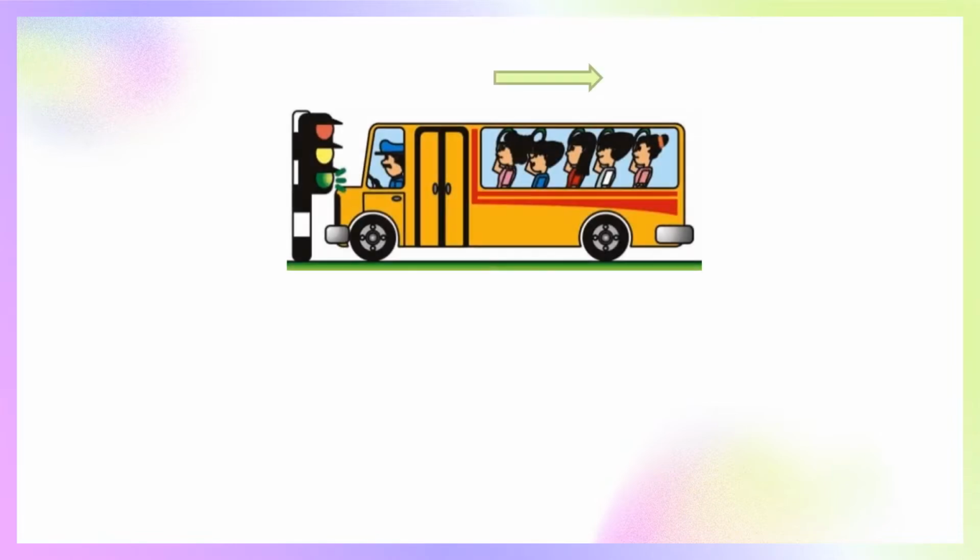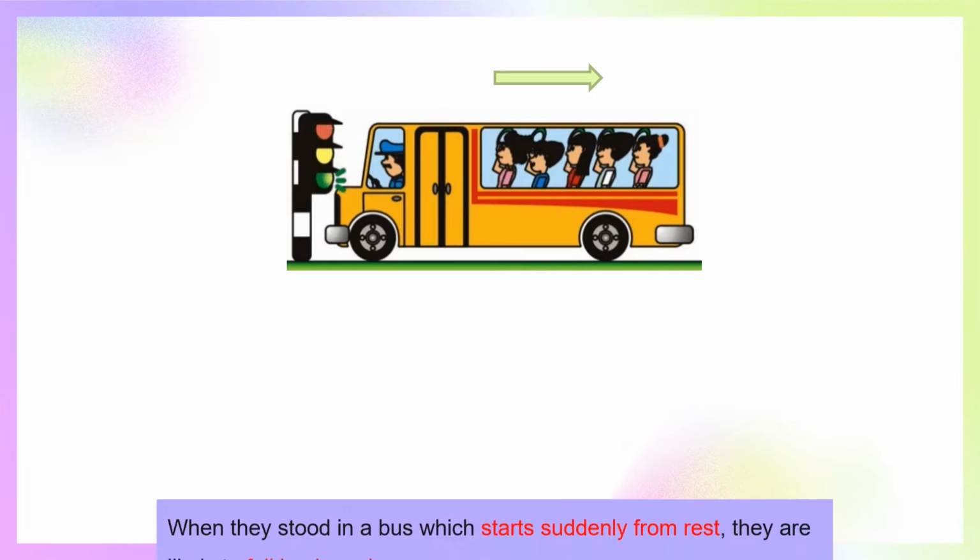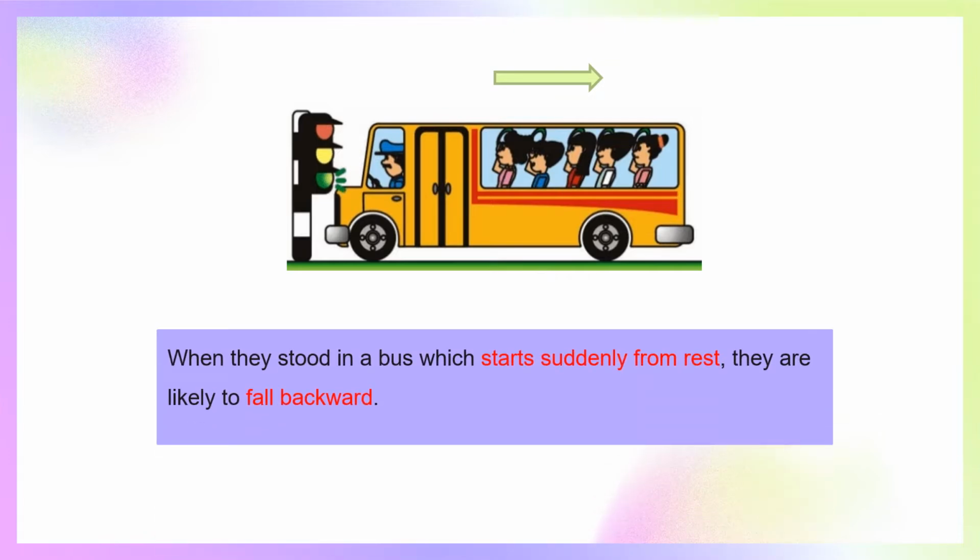Now, I will introduce the two situations. The first situation is a group of people are standing in a bus and the bus is initially at rest. When they stood in a bus which starts suddenly from rest, they are likely to fall backwards.